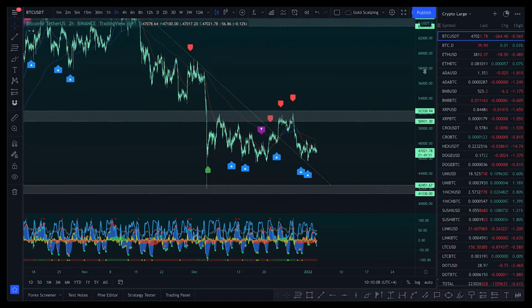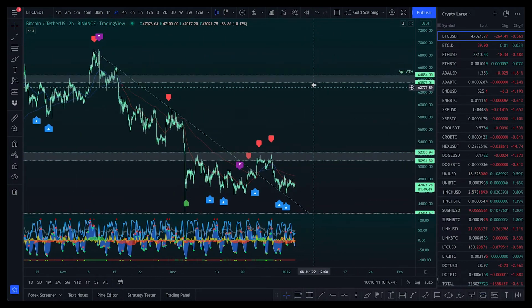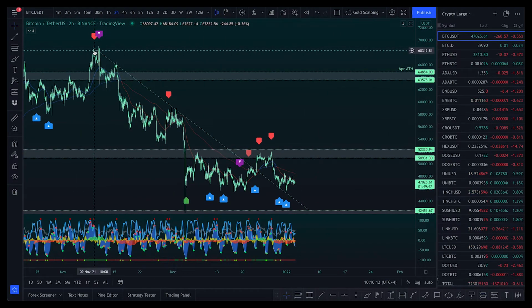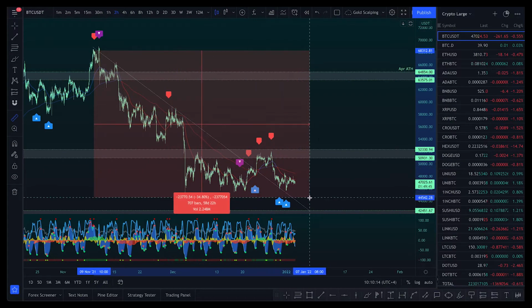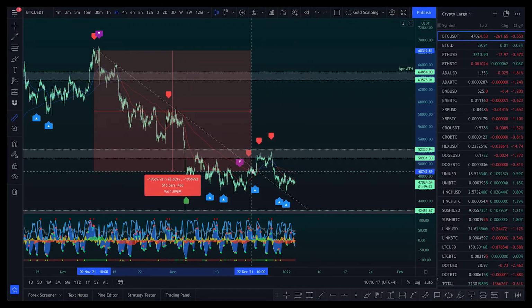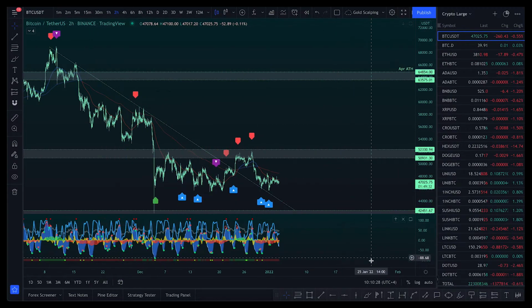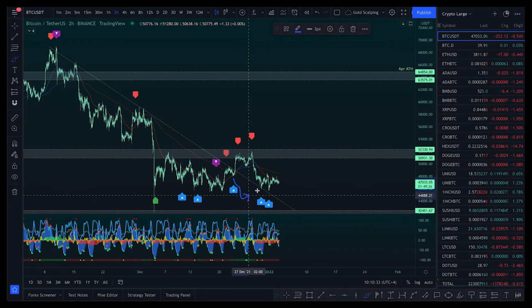We were in this trend line for more than a month since the all-time high. If you count to here, that was 45 days of a downtrend on Bitcoin. So finally, we broke this line. And I said in the video that if we were to break this line at any given point, I was drawing this line right here saying, hey, maybe this is going to happen.